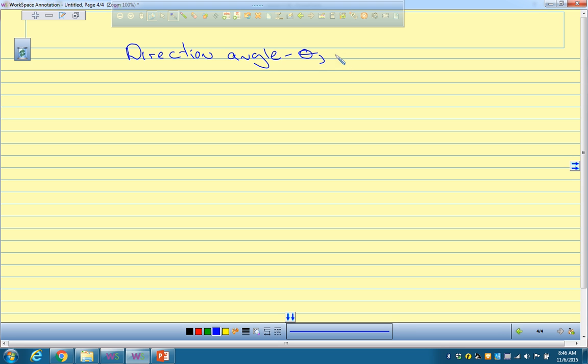It's equal to degrees, no radians, degrees counterclockwise from the positive x-axis.